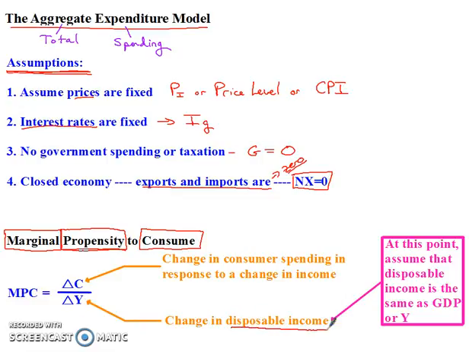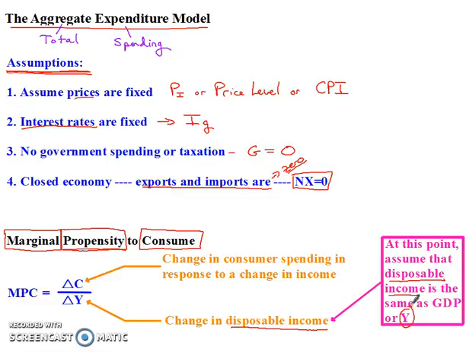Technically speaking, the marginal propensity to consume is defined as the change in consumption in response to a change in disposable income. However, we are just going to assume for now that disposable income is the same as GDP.